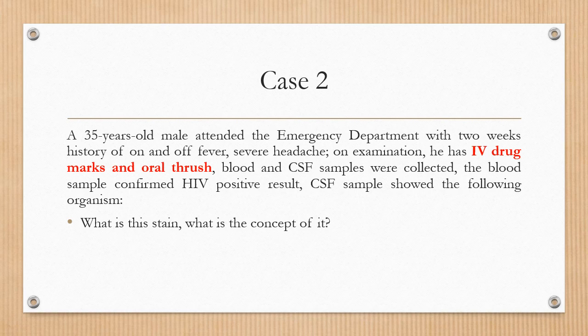So if you have a young patient with IV drug abuse and he has been confirmed to have HIV, you are highly suspicious that this patient is having an infection called Cryptococcus neoformans.